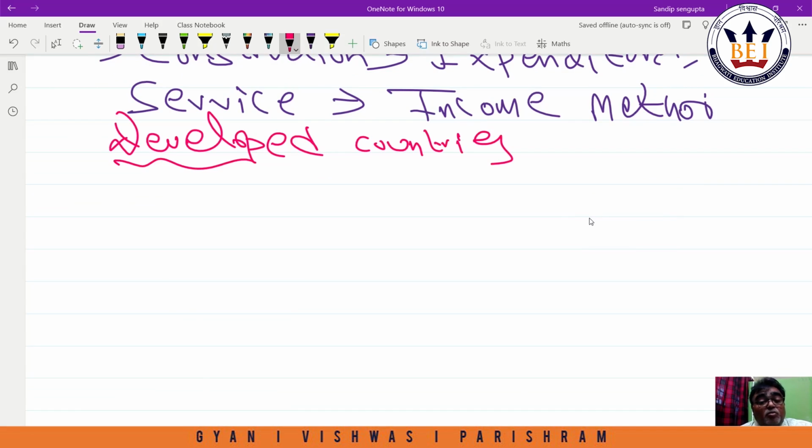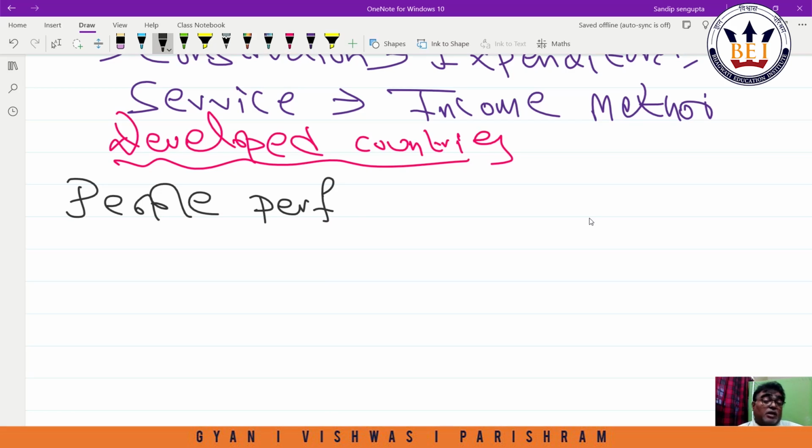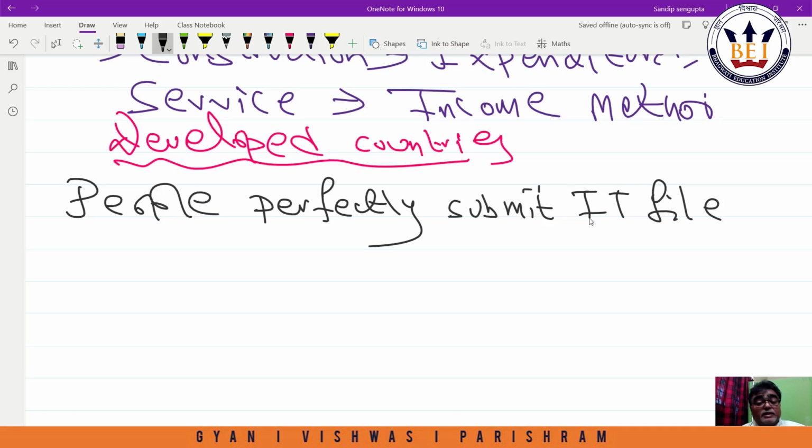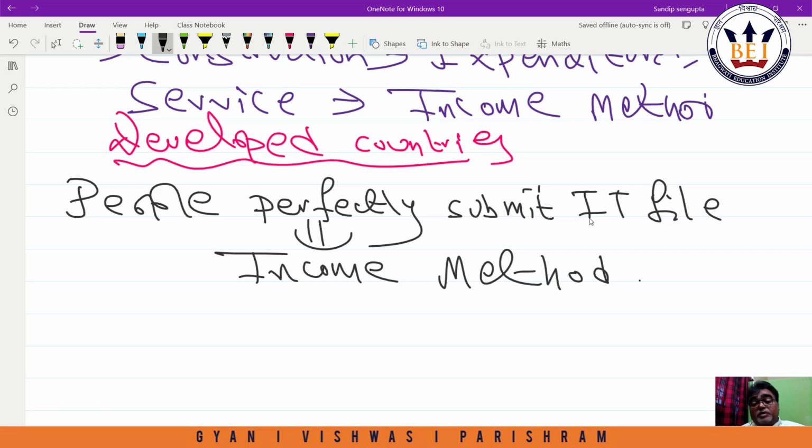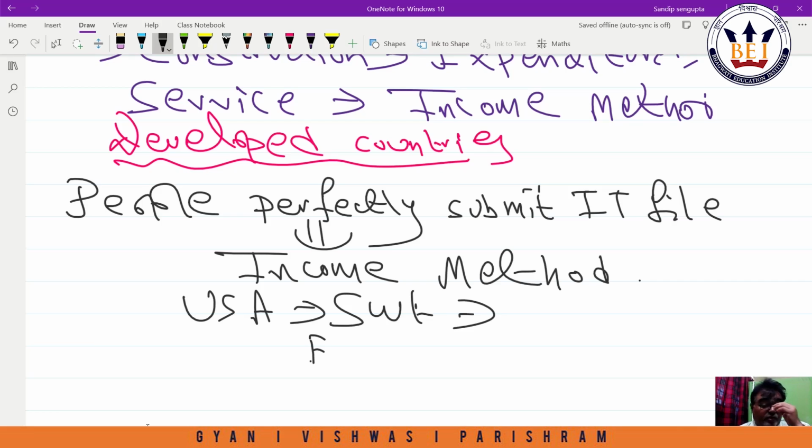Developed countries, what is happening? Common sense: people perfectly submit IT files. Developed country, so by common sense, what should come? Obviously income method. But for your knowledge, in the USA some parts and Switzerland some parts, it has been observed that the expenditure method is also applicable.